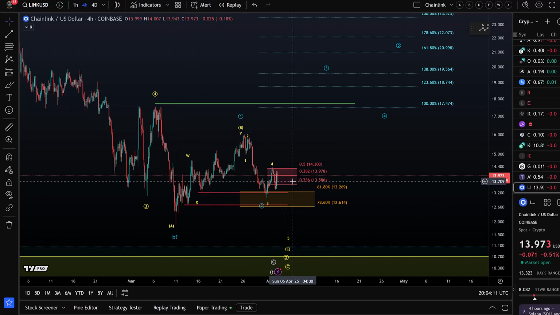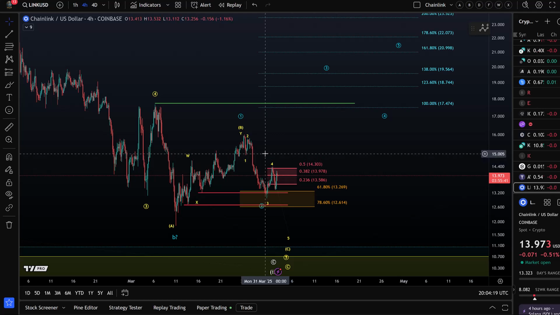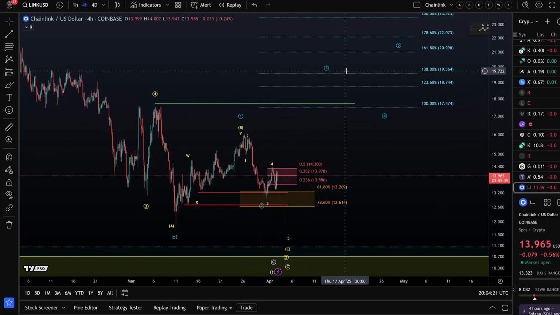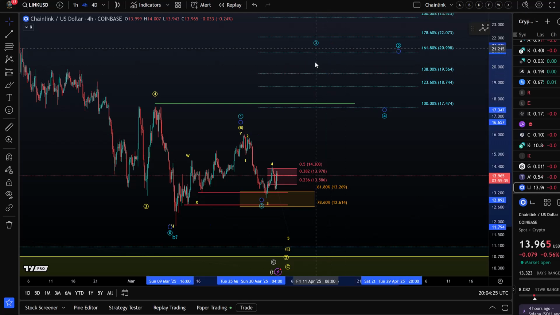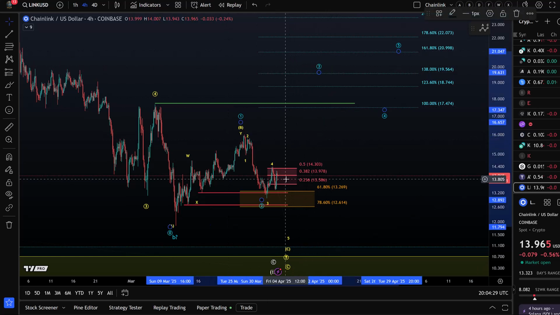But to keep it short, if the price breaks above $14.30, then we have a first indication that the bulls are starting to take the lead on the local level. And then we'll see if the price can get to $19.56 next, which is the first ideal target for blue wave 3. But for now, the first resistance zone is between 13.58 and 14.30, and it continues to be respected.